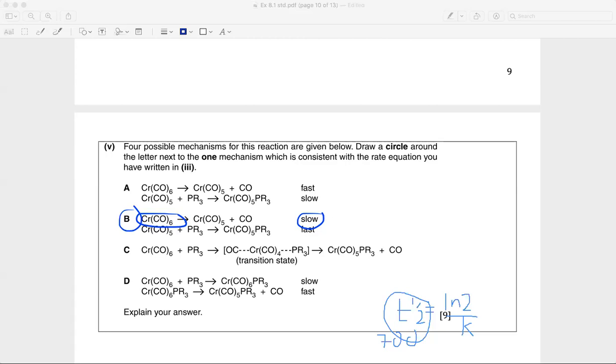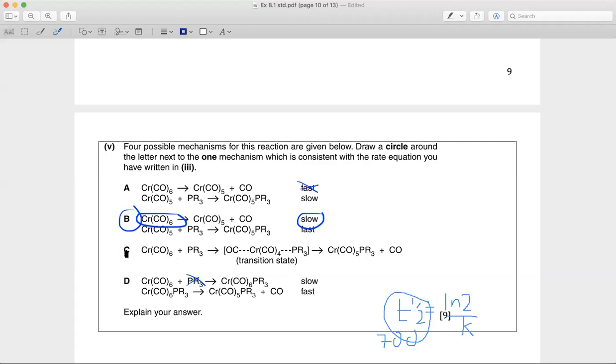I repeat, only CrCO6 is involved in the slow step. It cannot be D because for D you have PR3, and PR3 is not in the rate equation. As for A, CrCO6 is fast, which is not the rate determining step.